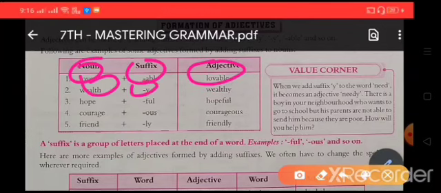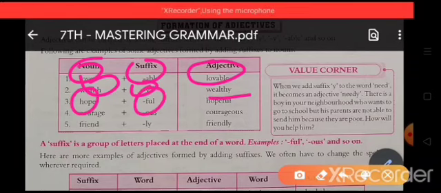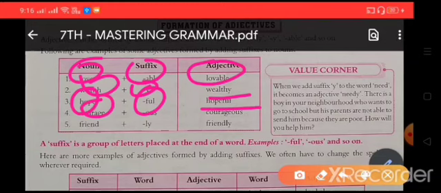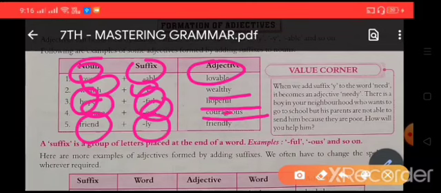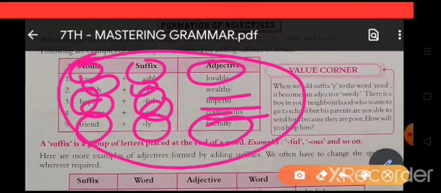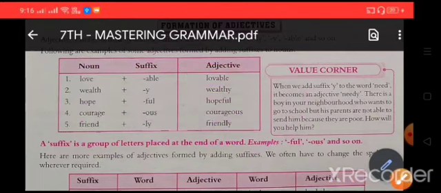Wealth plus y is wealthy. Hope, ful, hopeful. Courage, ous, courageous. Friend, ly, friendly. So this way we can make an adjective.